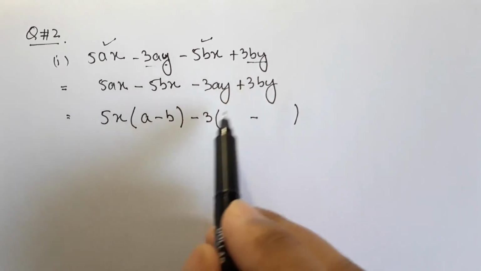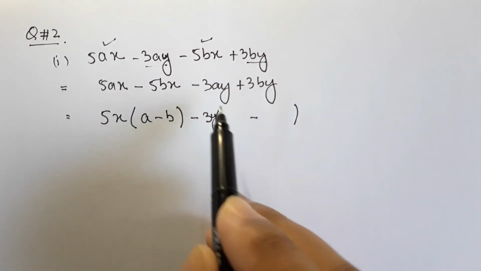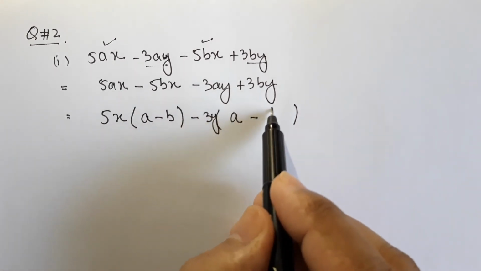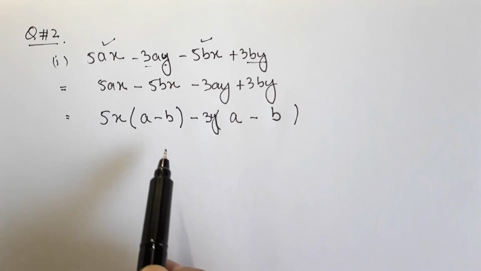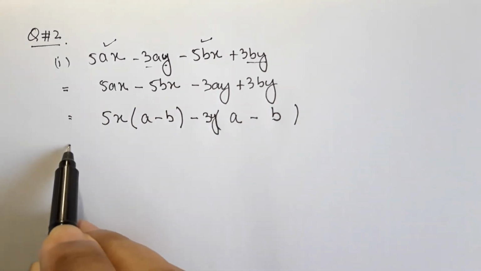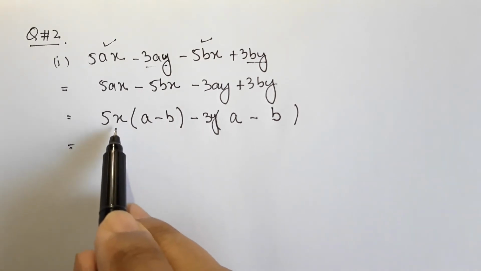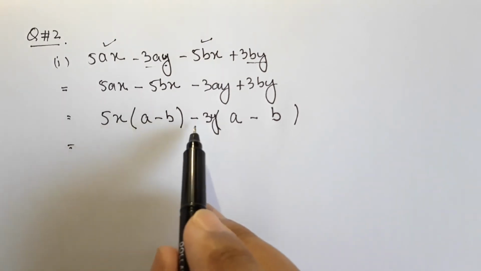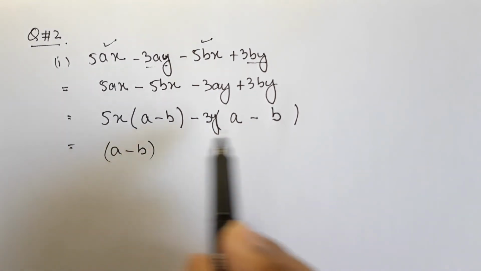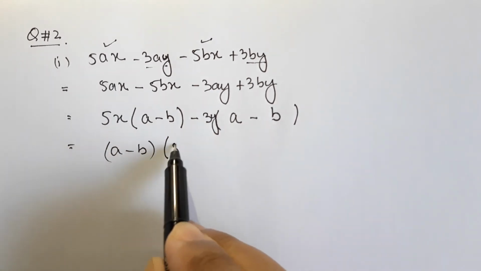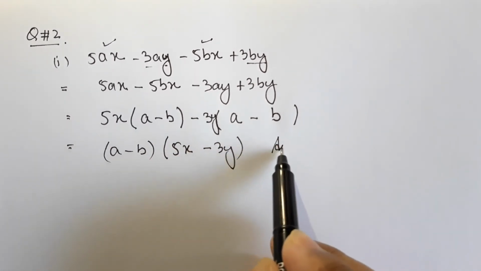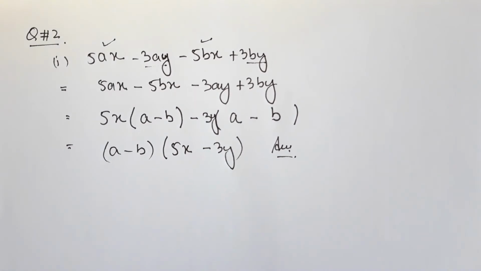Among ay and by, y is common, and the remaining values are a minus b. See, beta, when both brackets come out the same, it means our factorization is going right. Now again 5x into (a minus b) minus 3y into (a minus b), both brackets are common and the remaining values will be 5x minus 3y. This is the answer.